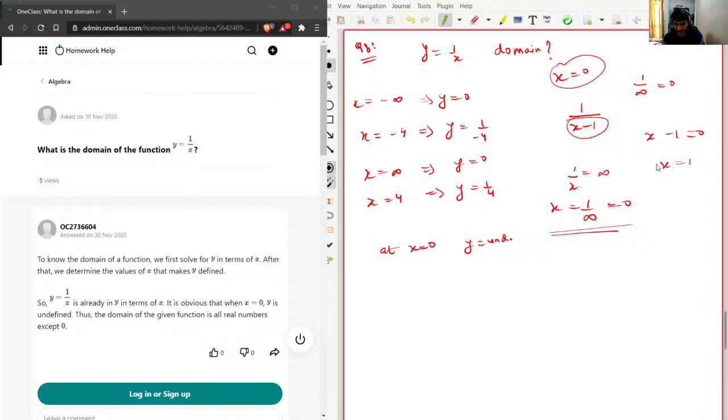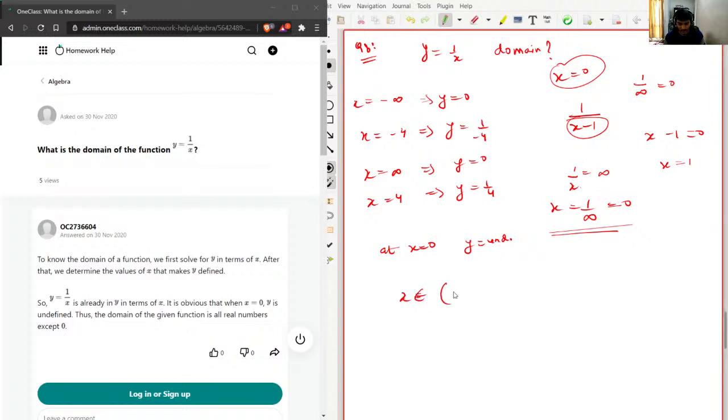So in this case, at x equal to plus 1, y will be undefined because the denominator becomes 0, and whenever the denominator becomes 0, the function is going to be undefined, and that value of x for which the denominator is 0 is not going to be in the domain of the function.